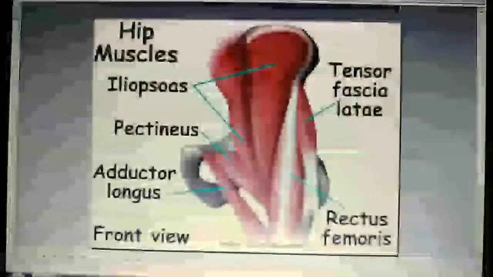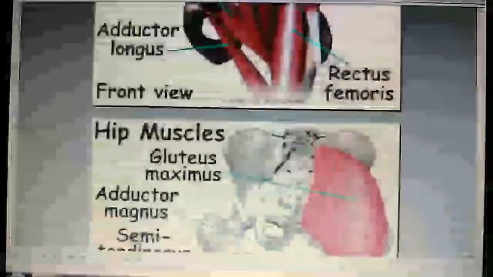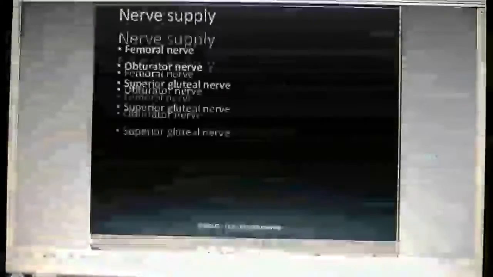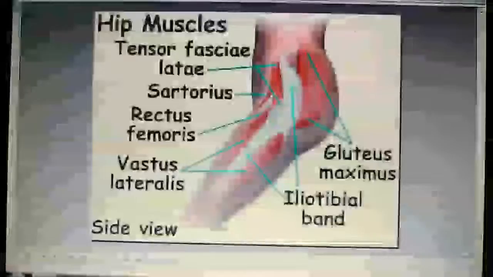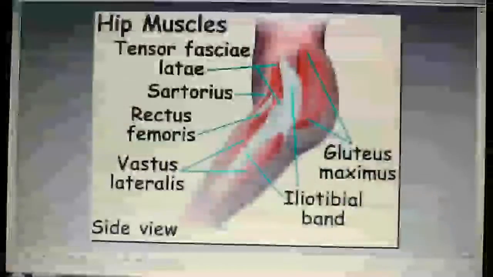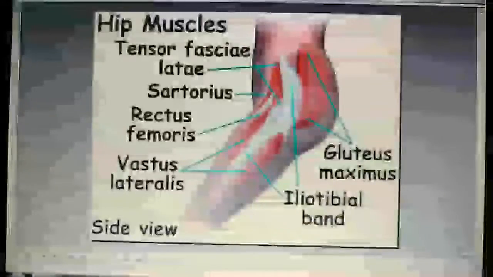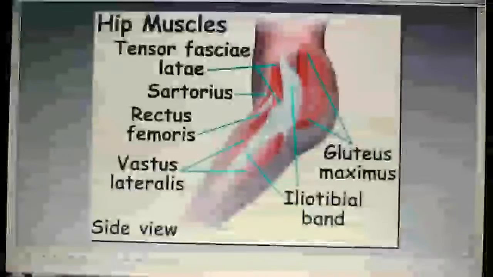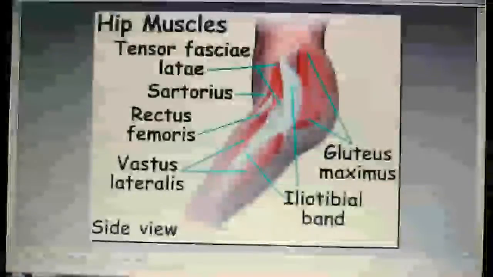Sartorius muscle. Sartorius muscle origin: anterior superior iliac spine, insertion: proximal medial aspect of the tibia, femoral nerve, root value L2 L3, and action: combination of hip flexion and rotations.